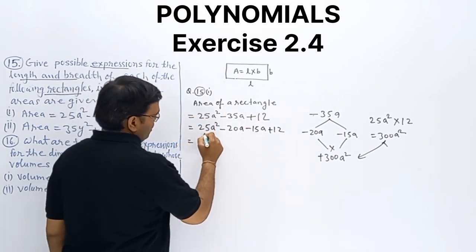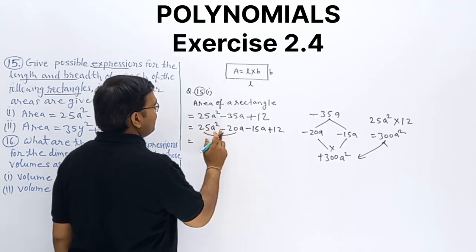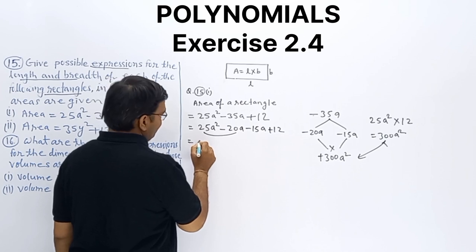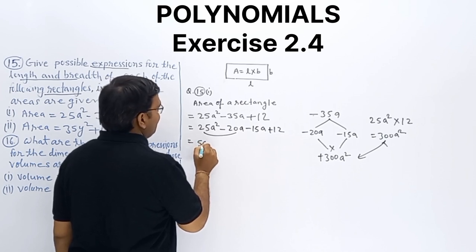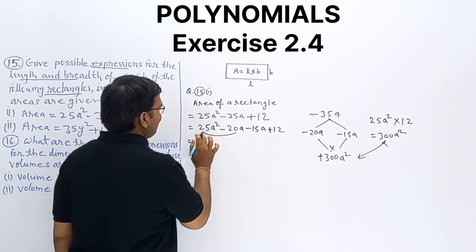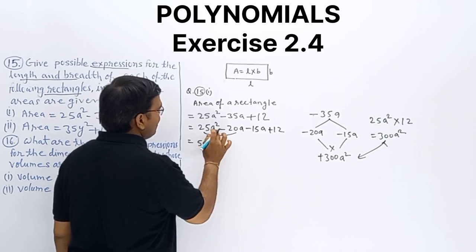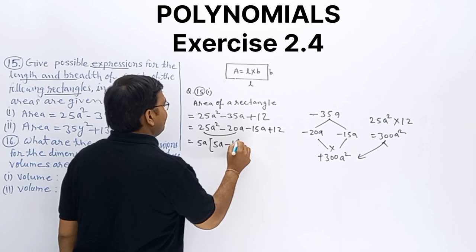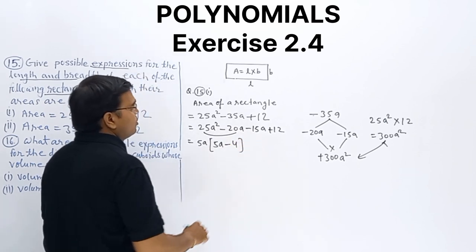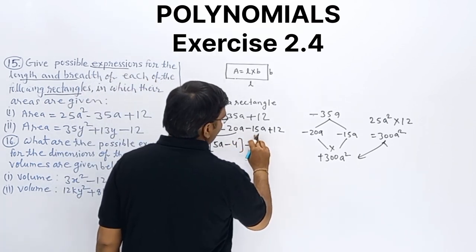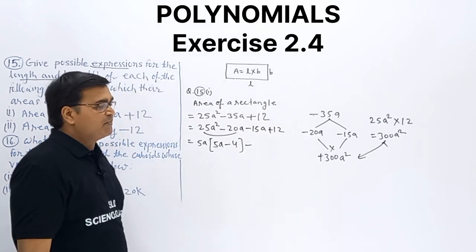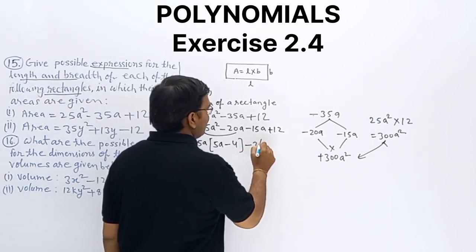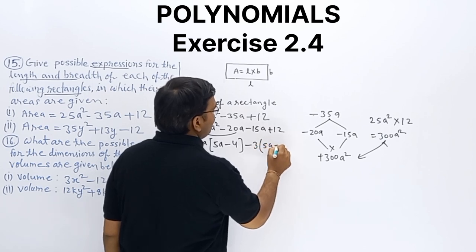Now the next step, we will take common factors. A is common, and both are multiples of 5, so I am taking 5a. What is remaining? 25a square divided by 5a gives 5a, and minus 20a divided by 5a gives minus 4. So 5a minus 4. In the other part, both 15 and 12 are in the table of 3, so we take 3 outside.